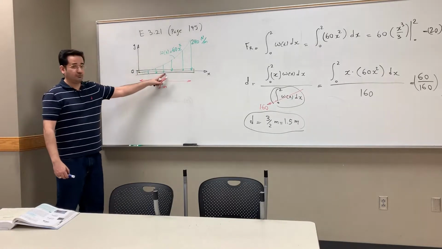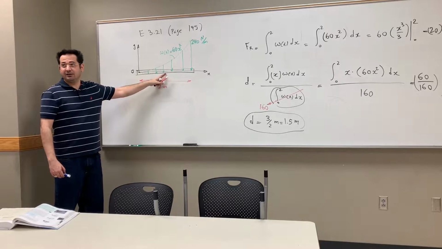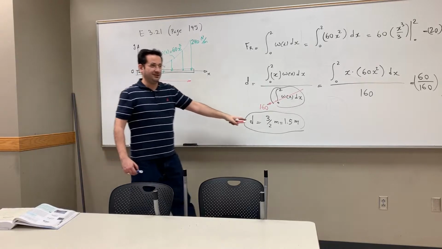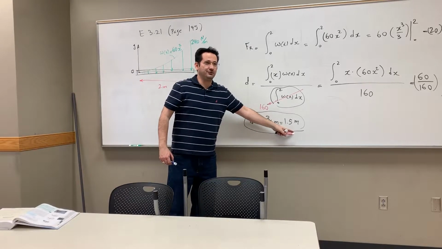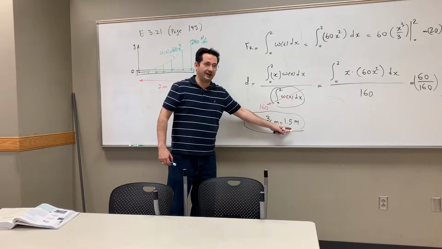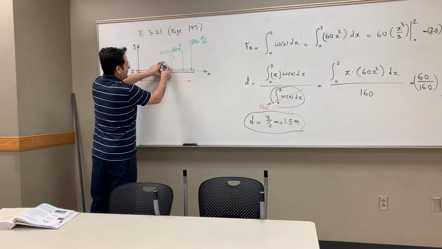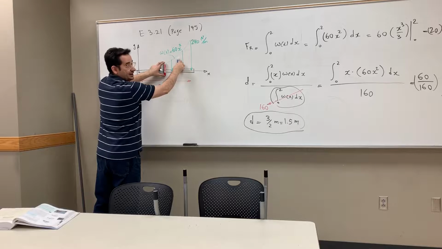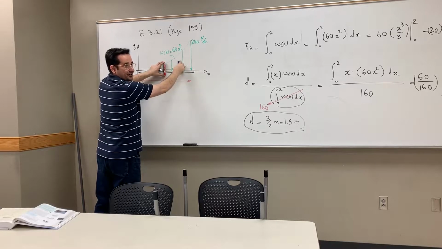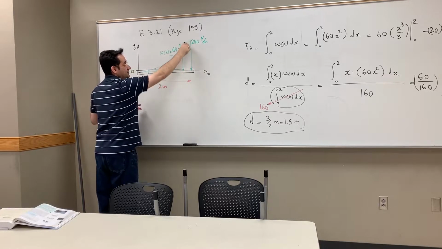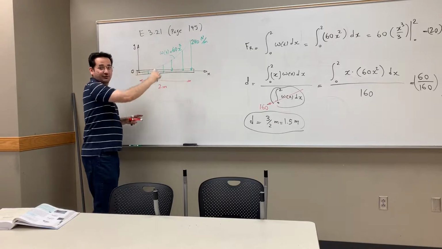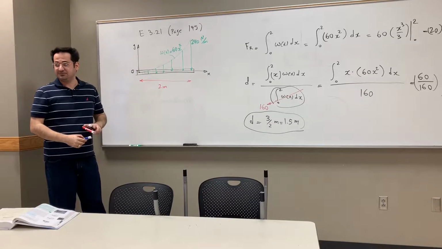It's just the midpoint, so it would be 1, right? But look at this result. It's 1.5. So that means your net force is somewhere here. It's shifted to the right. Why? Because we have more force here than here. It's not uniform anymore.